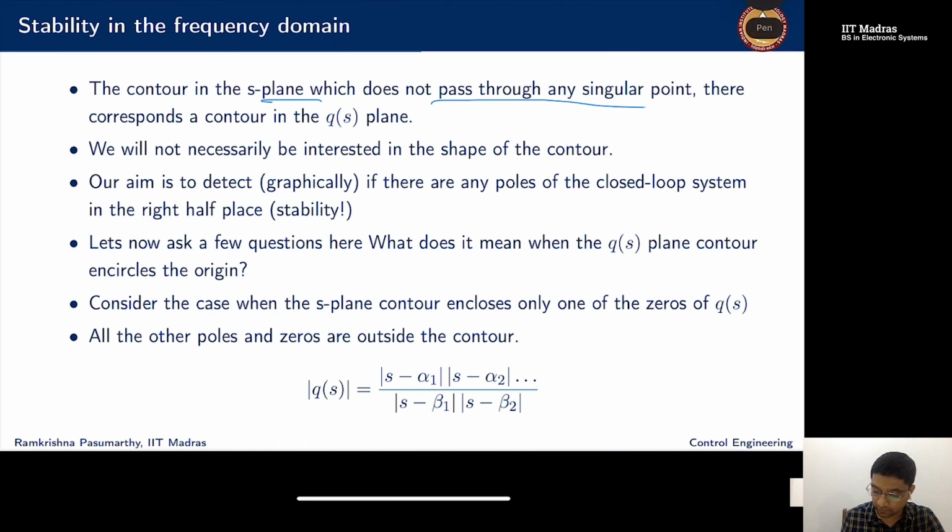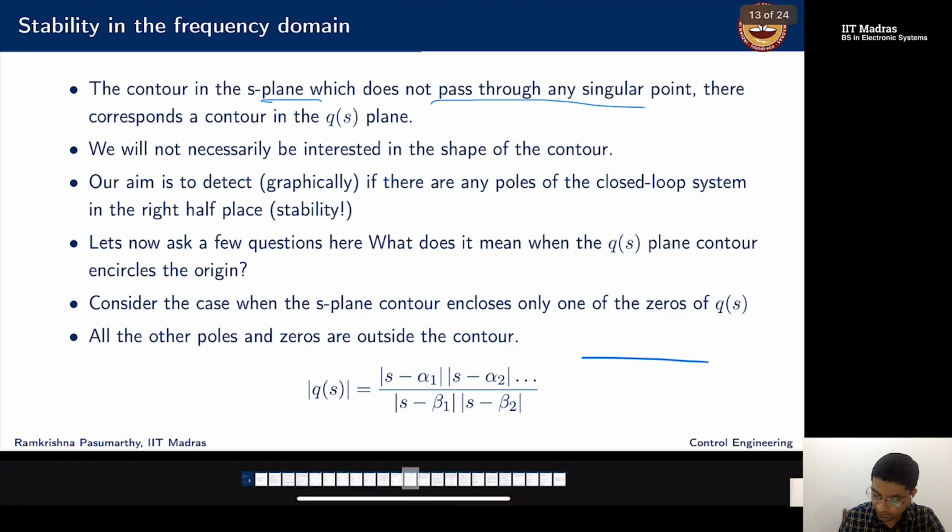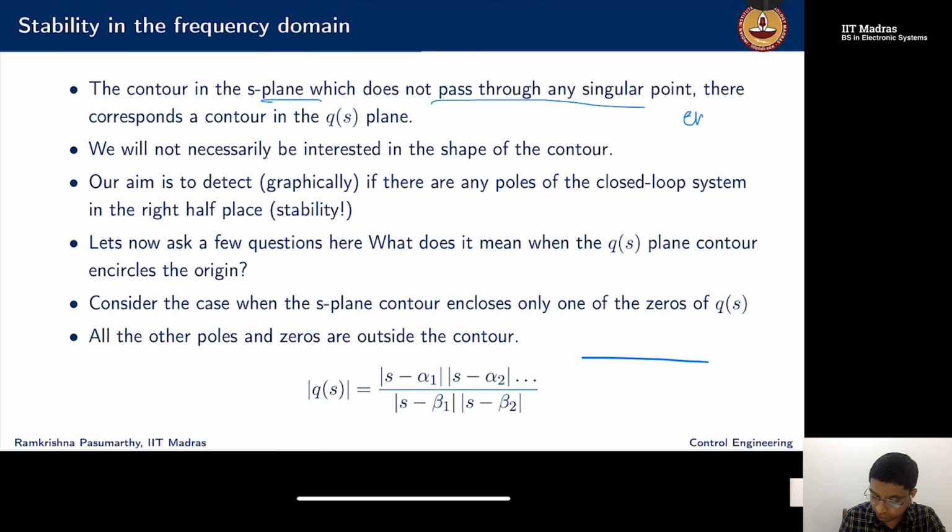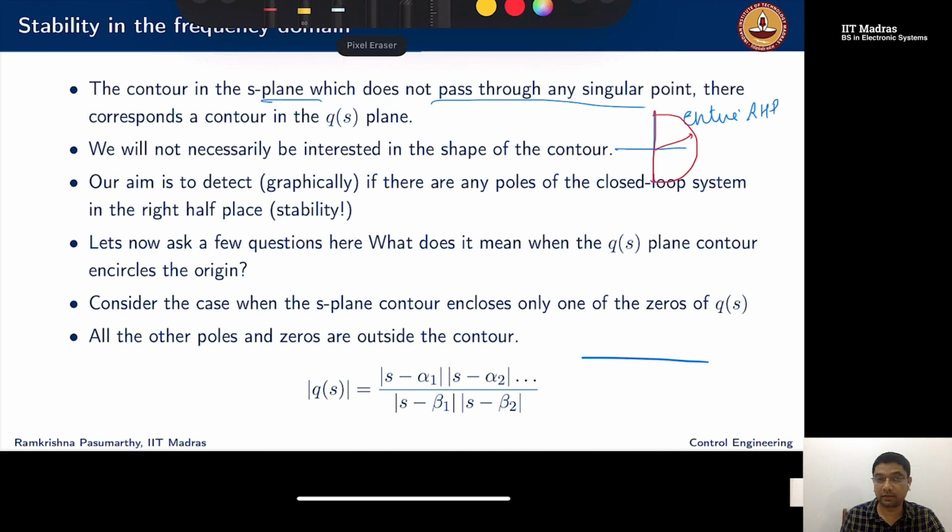So what did our contour look like? The contour looked like the entire right half plane, the entire RHP, of infinite radius.